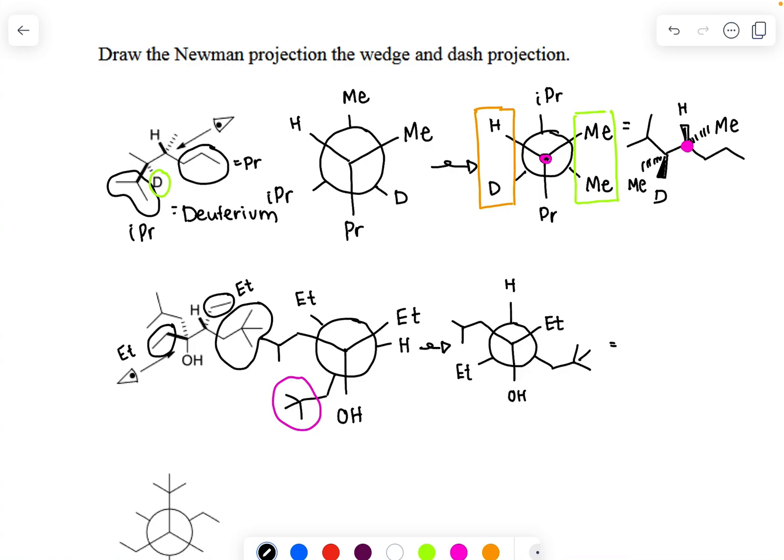And I could redraw that. It would look like this. And then my ethyl would be here. Ethyl.